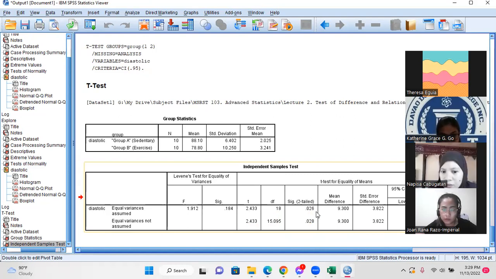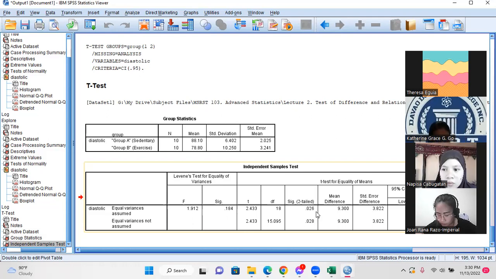Less than 0.05. Okay. So, based on the probability value, interpretation yan, based on the probability value of 0.026, there is a significant difference in the diastolic blood pressure of those who exercise and those who did not exercise.